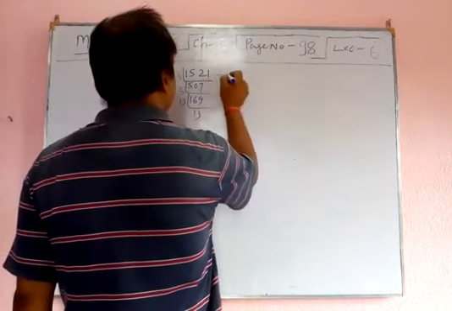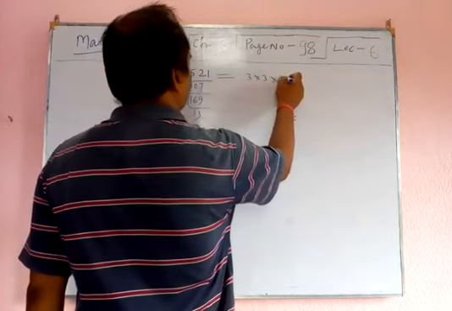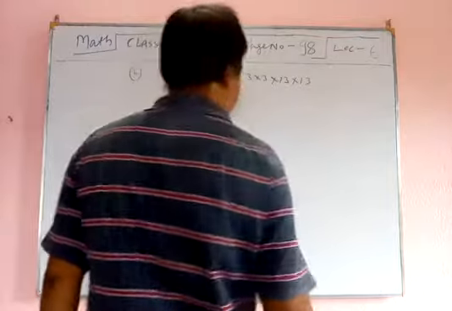That means 1521 is equal to 3 into 3 into 13 into 13.